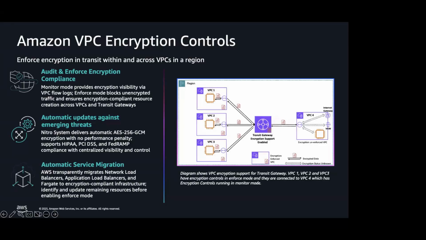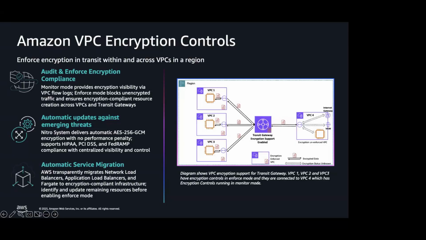No downtime, no reconfiguration of anything. For other resources, like older generation EC2 instances that aren't on Nitro, you can either work to migrate those to newer instance classes, or you can encrypt that traffic at the application layer with TLS-type encryption.